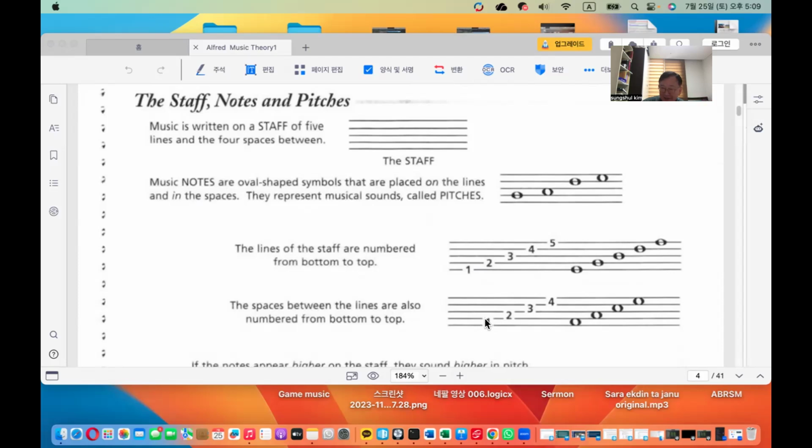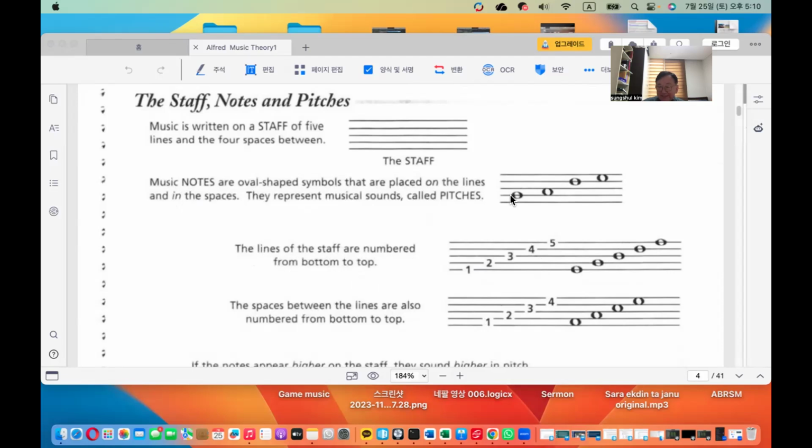How many spaces are there? Space 1, space 2, space 3, space 4. The lines of the staff are numbered from bottom to top: 1, 2, 3, 4, 5.